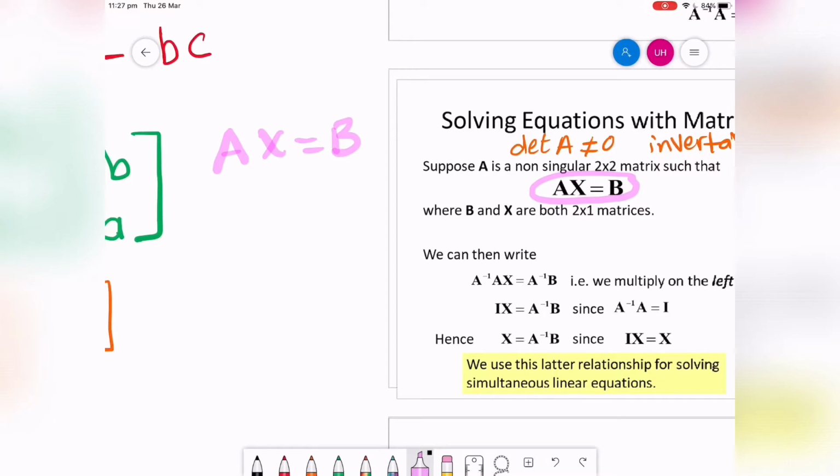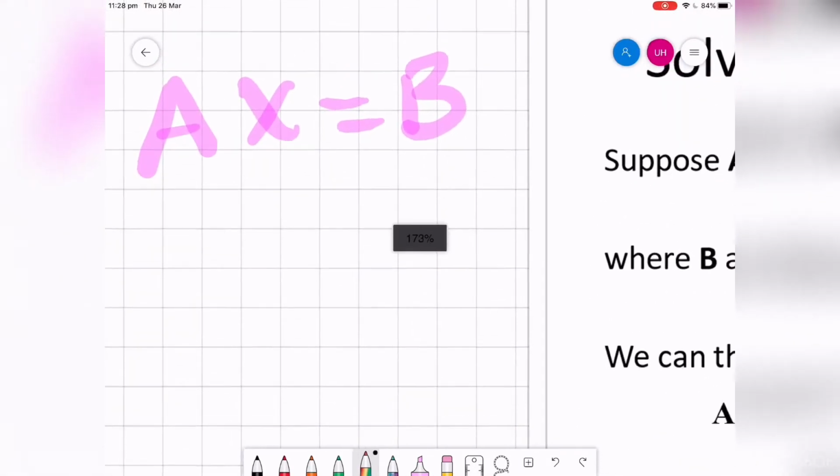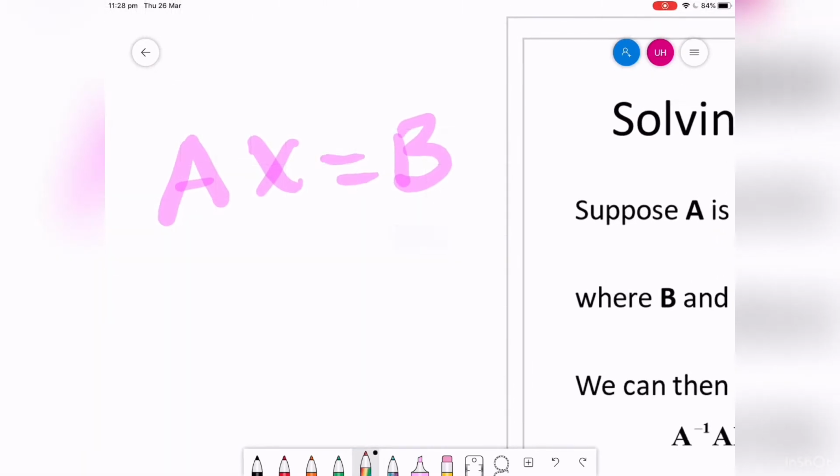Right. So when we multiply two matrices, they have to satisfy the condition that the number of columns of one of them is the same as the number of rows of the other one.